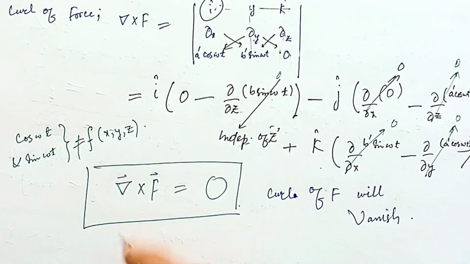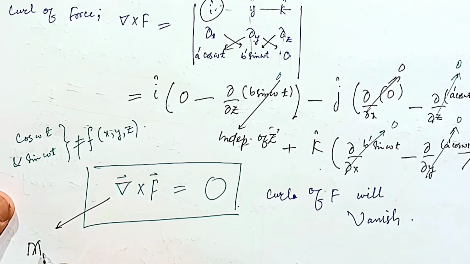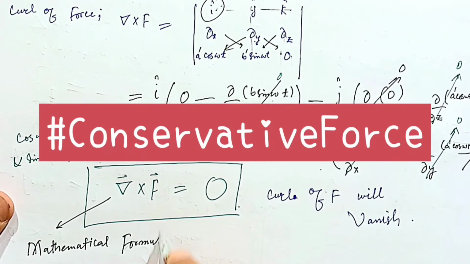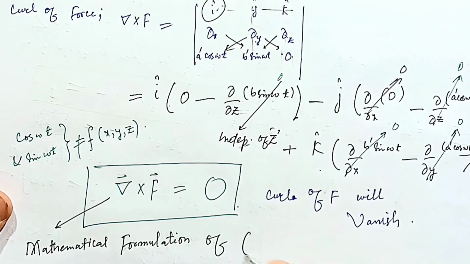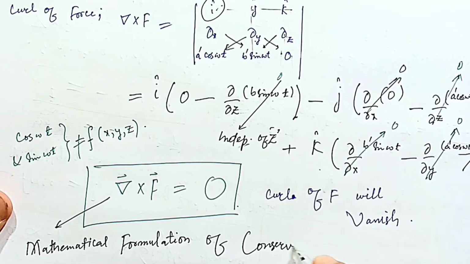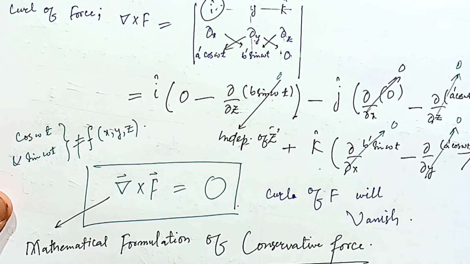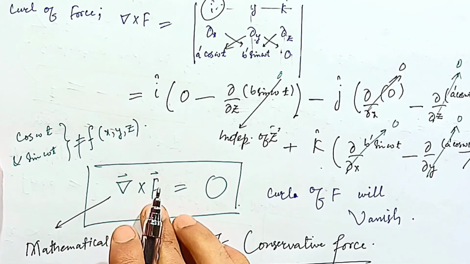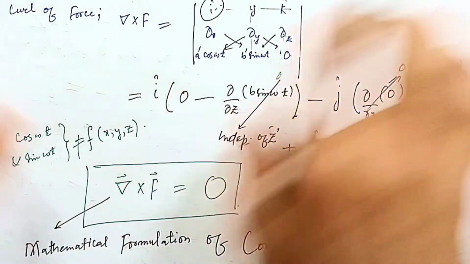And this is the mathematical formulation of a conservative force. If the curl of the force vanishes, that means the force is diverging.